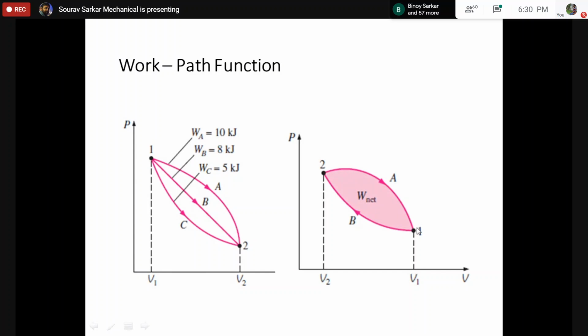But if we consider points 1 and 2 in a reverse way, you are moving from 1 to 2 through path A and 2 to 1 through path B, the net work transfer will be a negative work. So I can wait for 2 minutes. If you have any doubt, you can clarify it now.